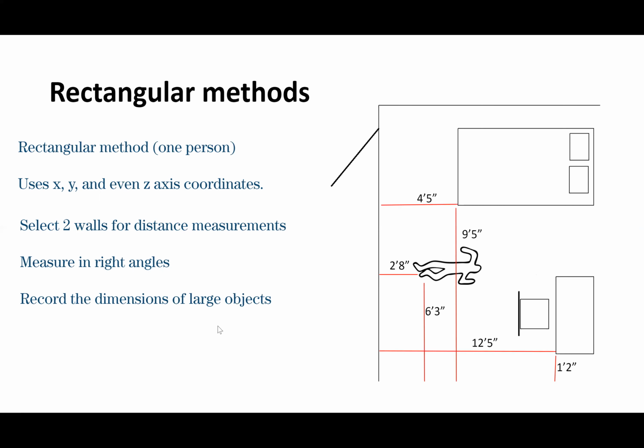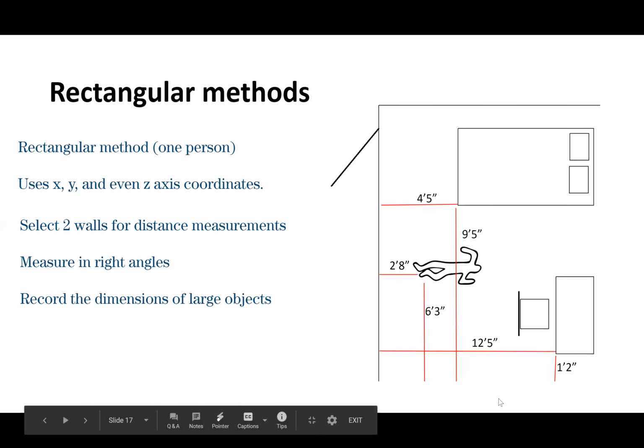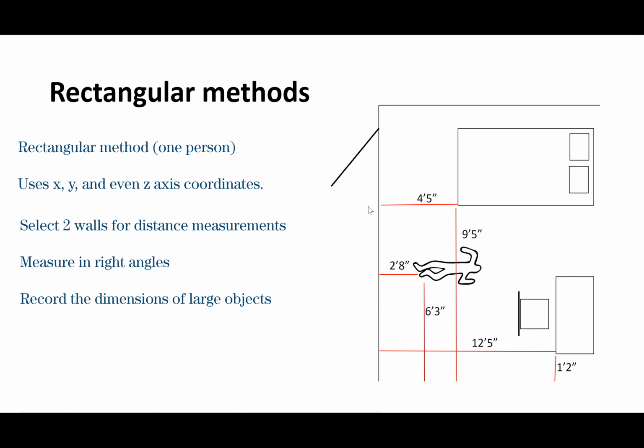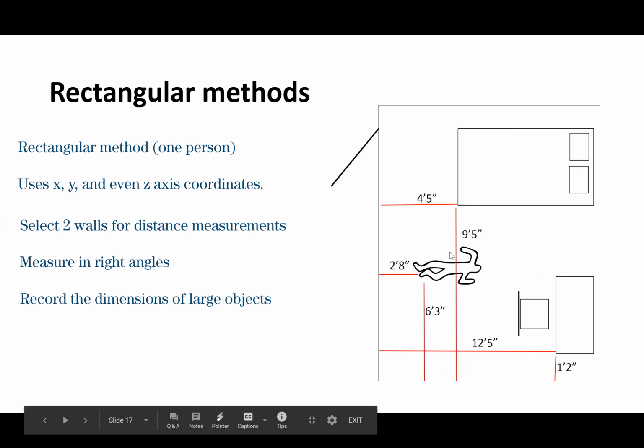So, for an example, they chose this wall, the left wall, and the bottom wall, which is not actually written on here. Maybe I missed that. And then the bed is 4 feet 5 inches from the left wall and 9 feet 5 inches from the bottom wall.